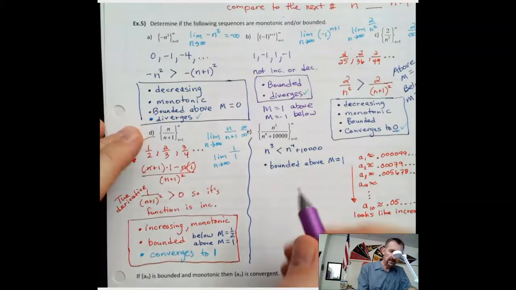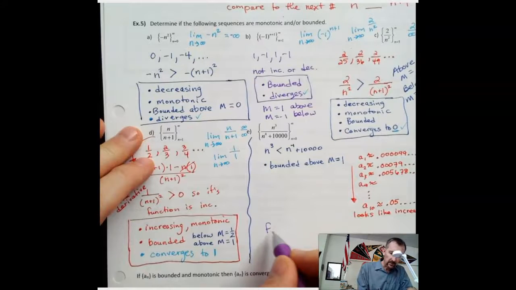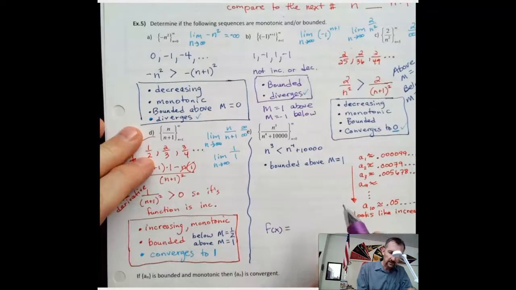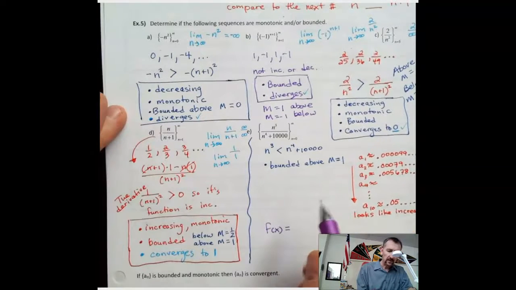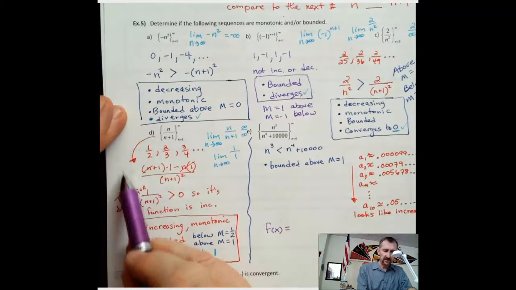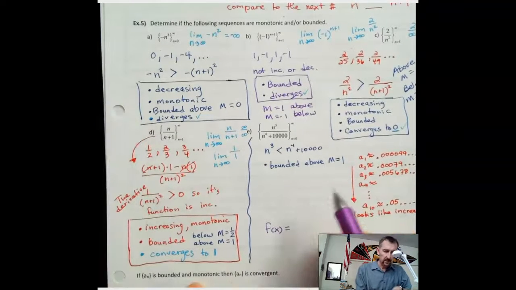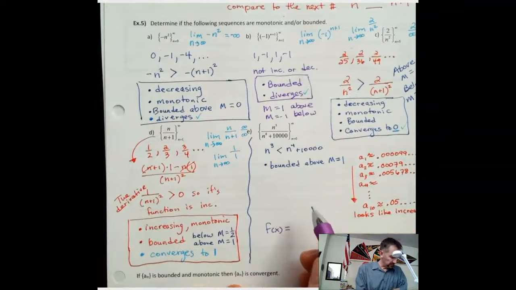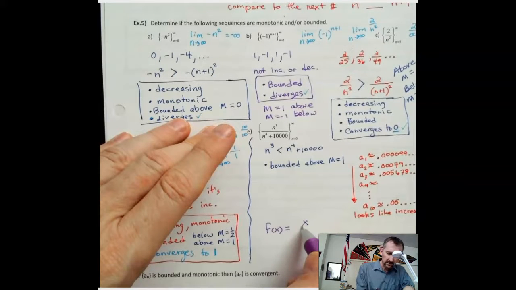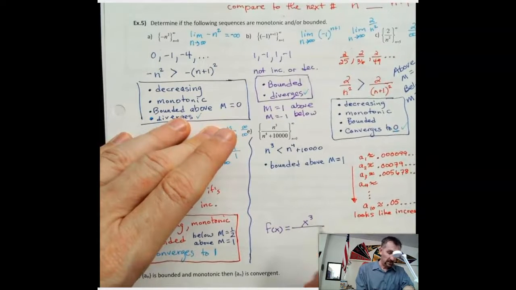So let's take a look at this as a function. So if we had f of x, that's what I could have done over here too, change those to x's, but it's okay. So our function is x cubed over x to the 4th plus 10,000.